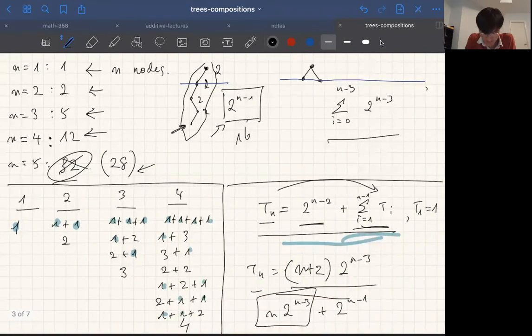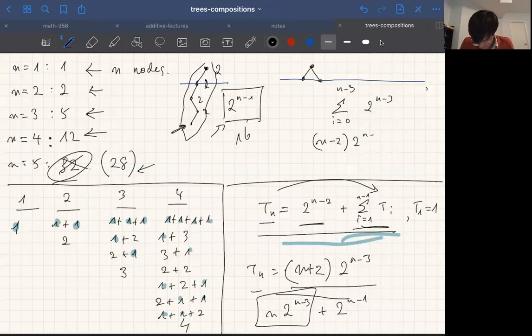Okay, that adds up to n minus 2 times 2 to the n minus 3... oh, I've been very dumb.